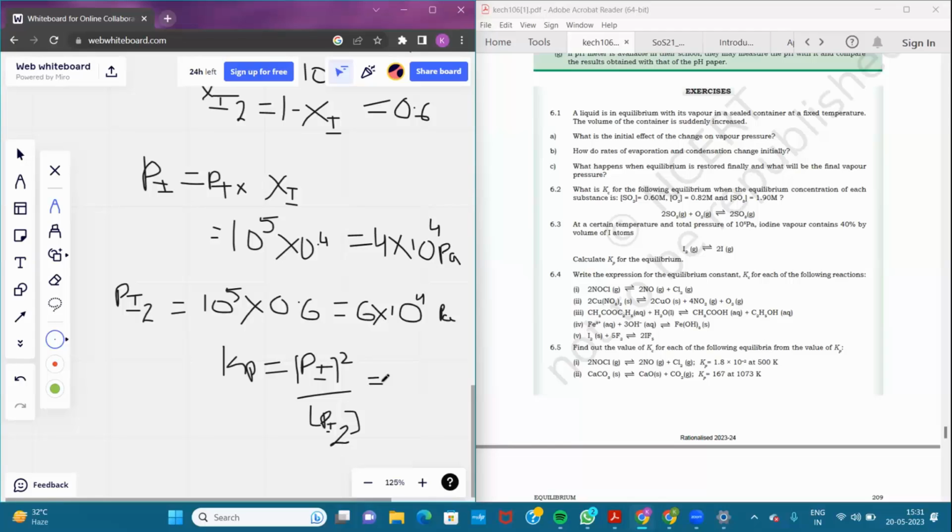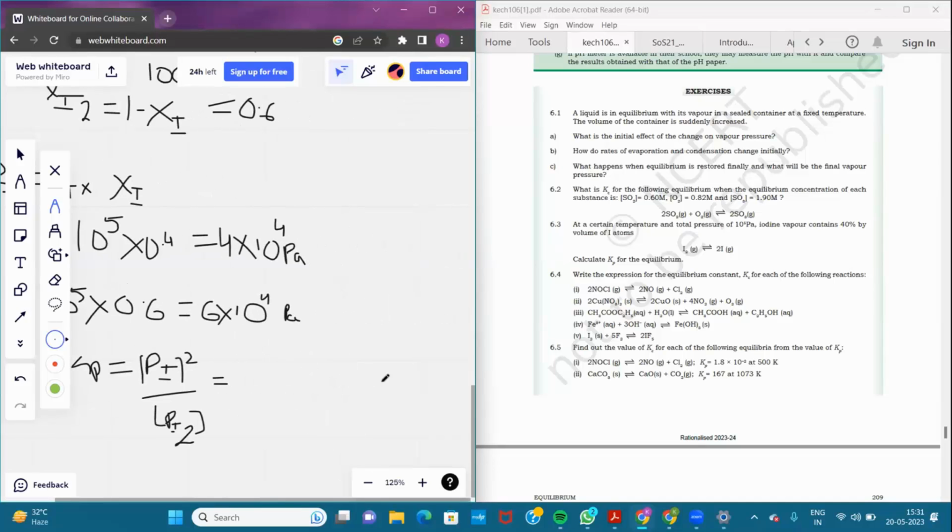By substituting the values, this would give you the answer 2.67 into 10 to the power of 4.